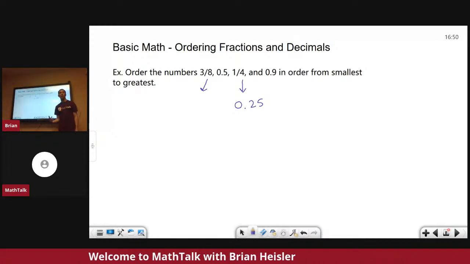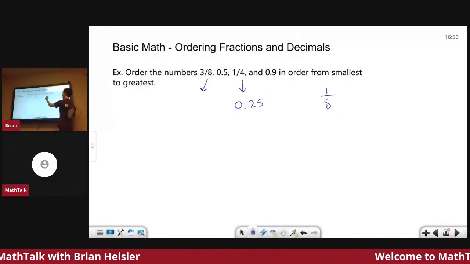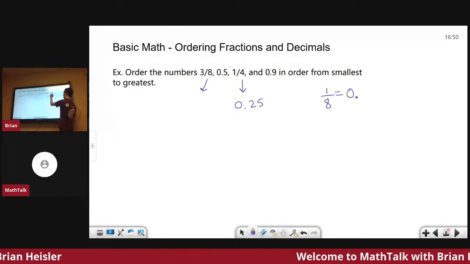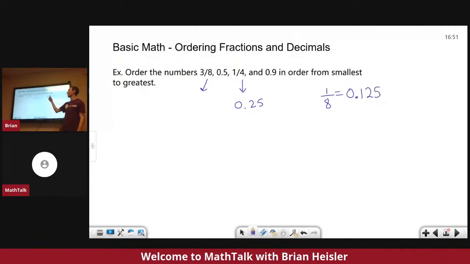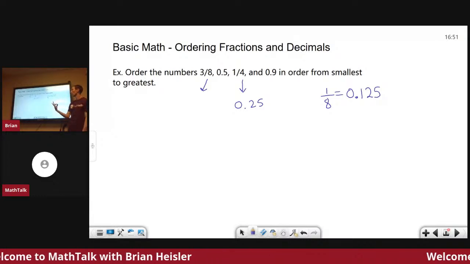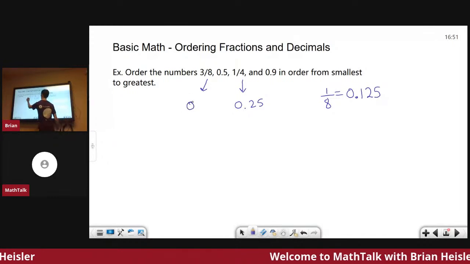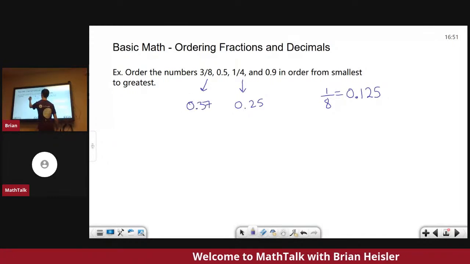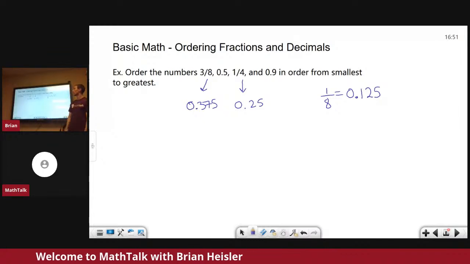After studying for a while, I know that 1/8 equals 0.125. So to find 3/8, I just take this decimal and multiply it by 3. 0.125 times 3 is 0.375. So now I have 4 different decimal values.